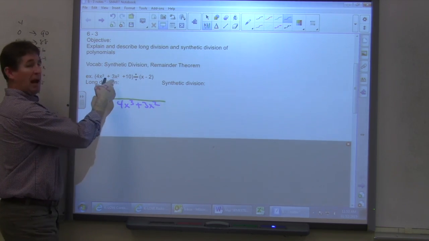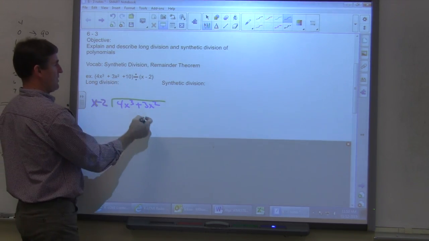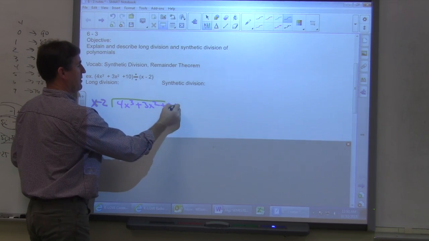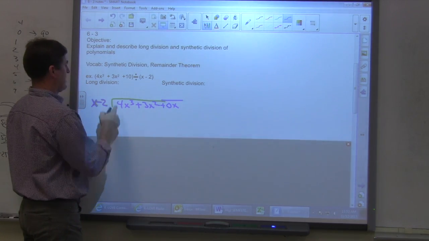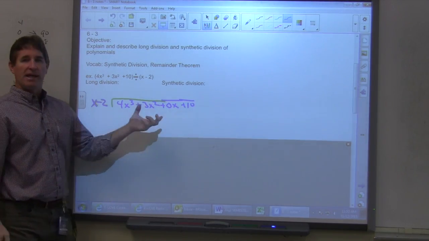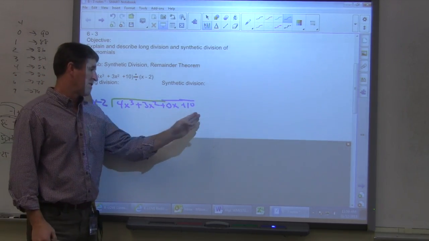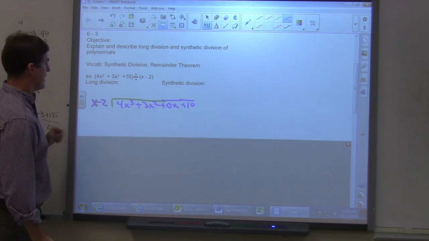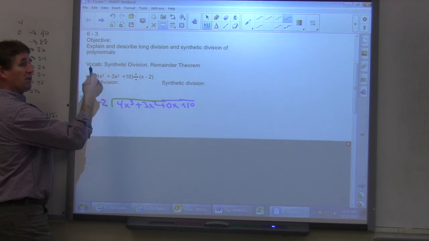Now when it skips a power, you don't have to do this, but a lot of people like to put, okay, we don't have an x. And then we add the 10. You don't have to do that, it just helps with place values as we go through this, and you'll see. So now you do just like you did with your long division.